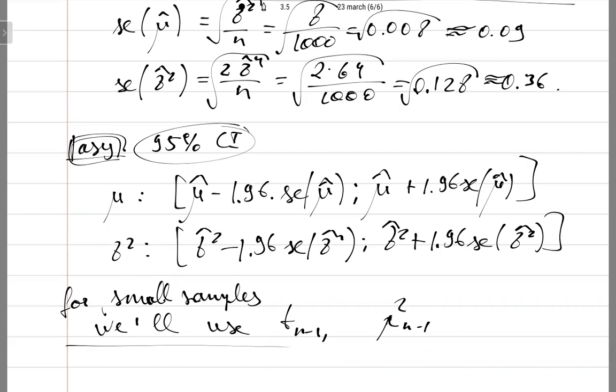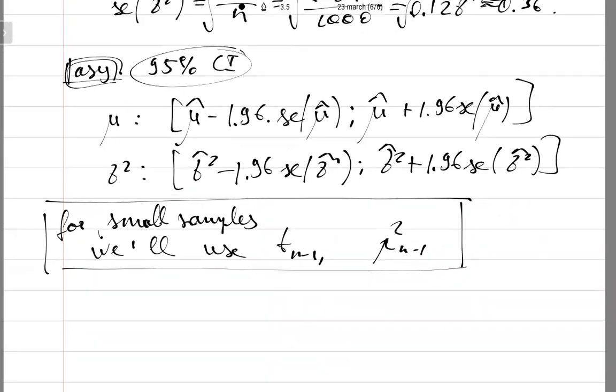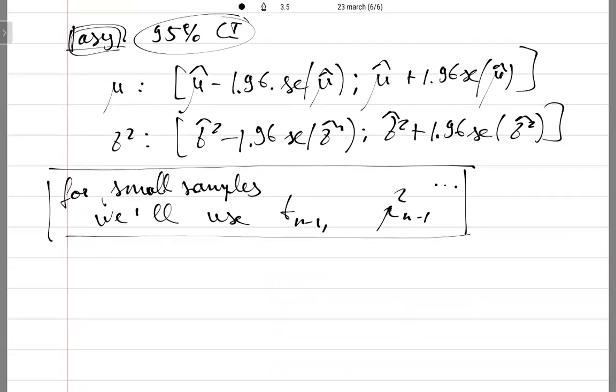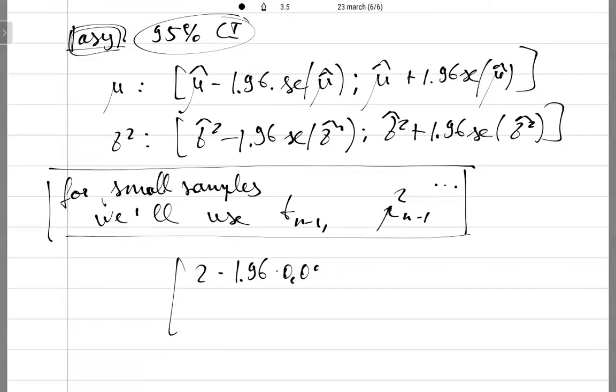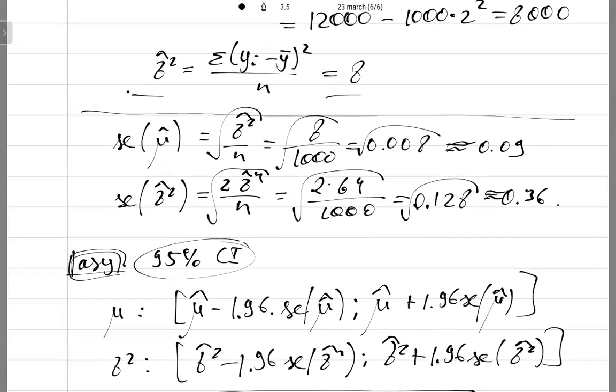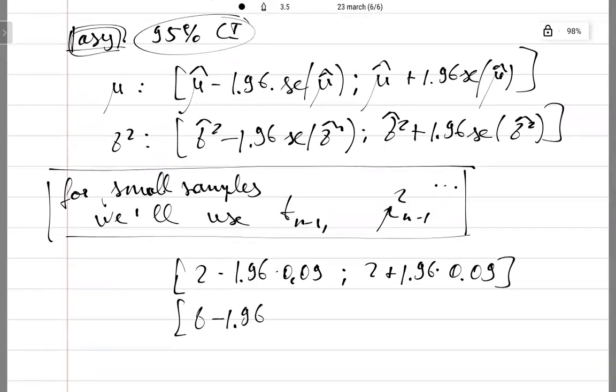But that's not my point. I just would like to focus on optimization, that the Hesse matrix is useful. Okay, and I have 2 minus 1.96 times 0.09 up to 2 plus 1.96 times 0.09, and for sigma squared 8 minus and plus the same.